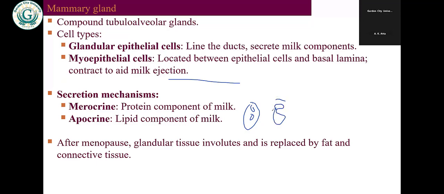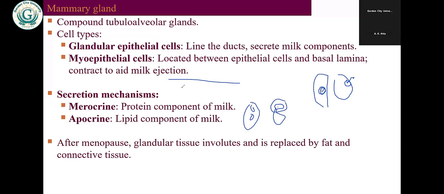So this part here will be pinched off and contain the secretion. That will be apocrine. In merocrine, you have the cell here, and this is a vesicle containing the secreting material. That one will attach to the cell membrane, then the secretion will be released. You know that one in physiology, exocytosis.